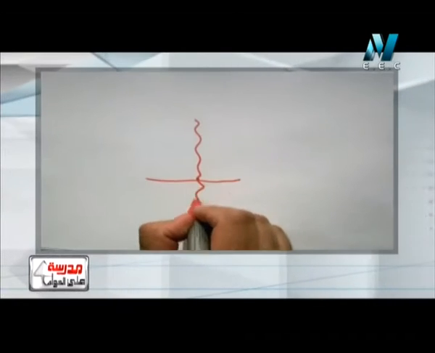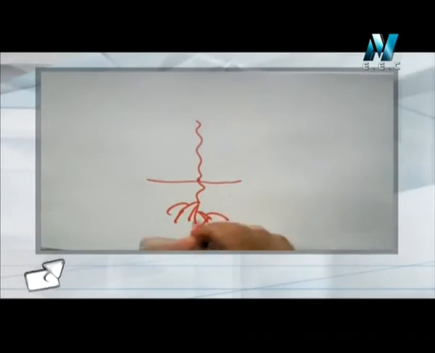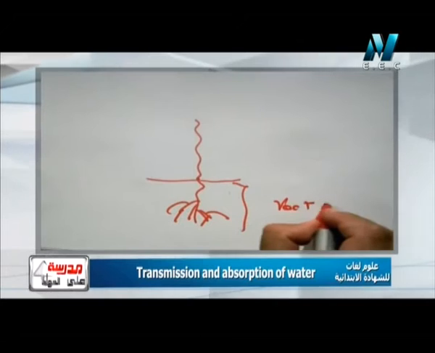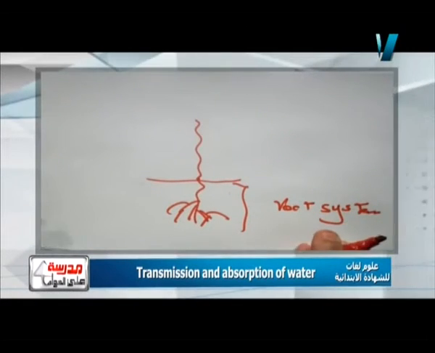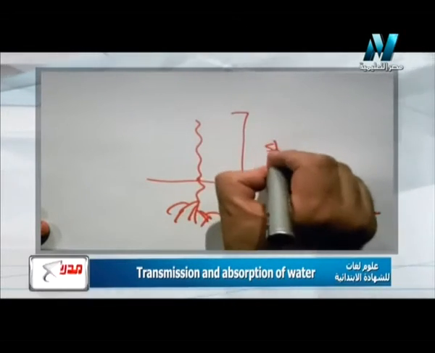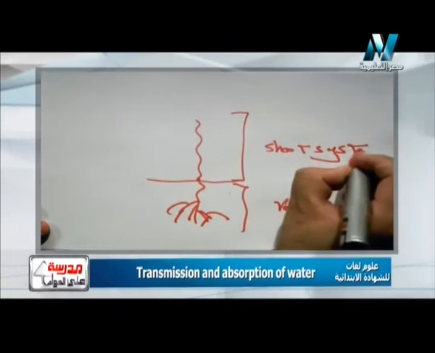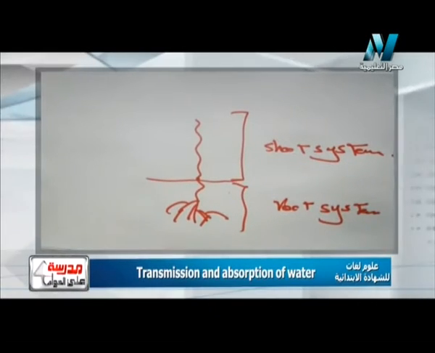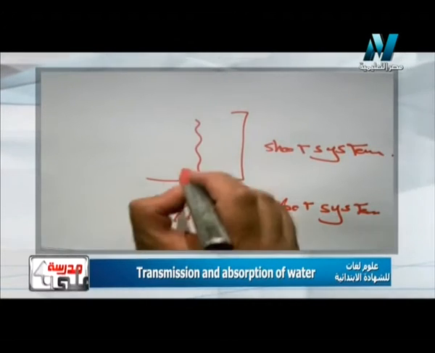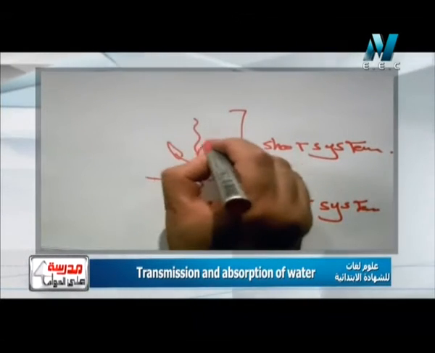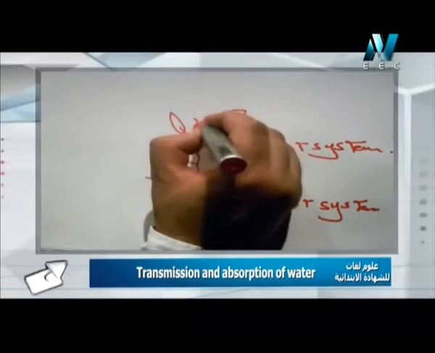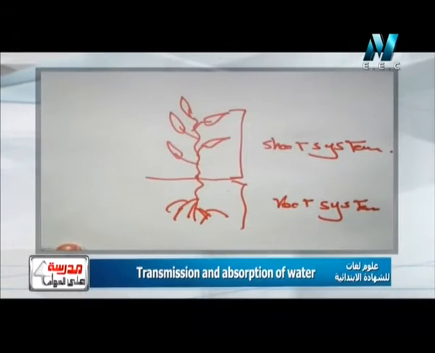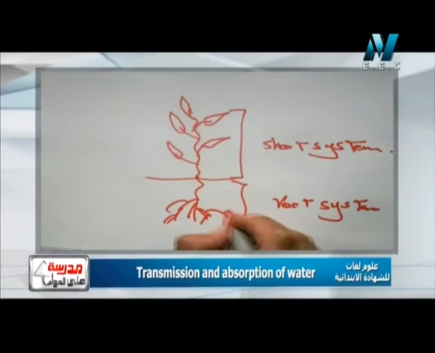So we divide every plant into 2 parts, root system and shoot system. The root system is the part that is under the soil, but the shoot system is the part that is above the soil.